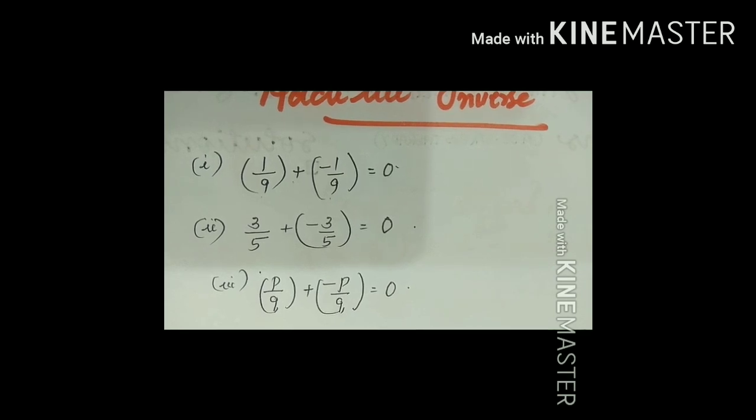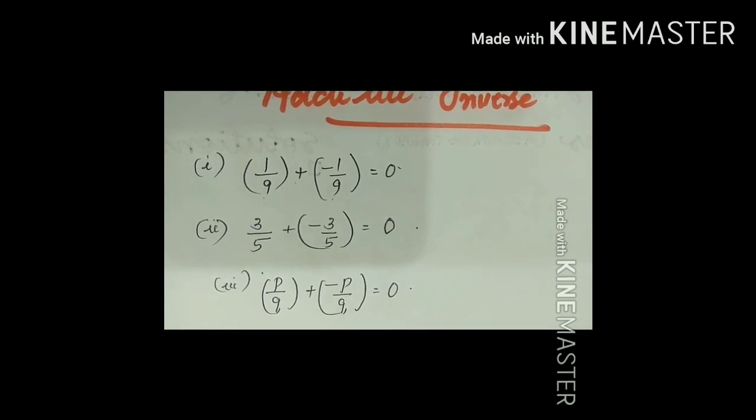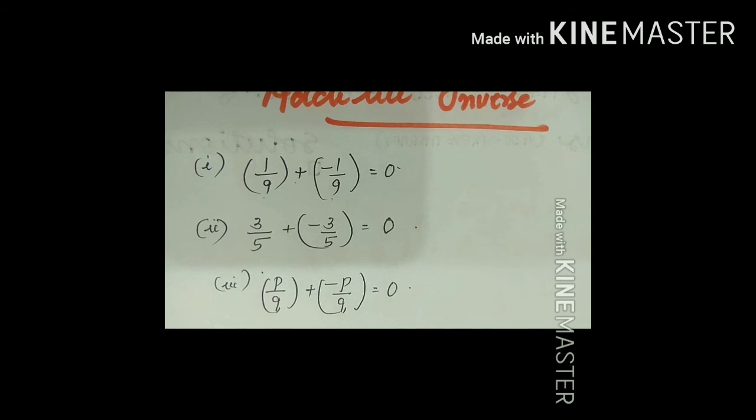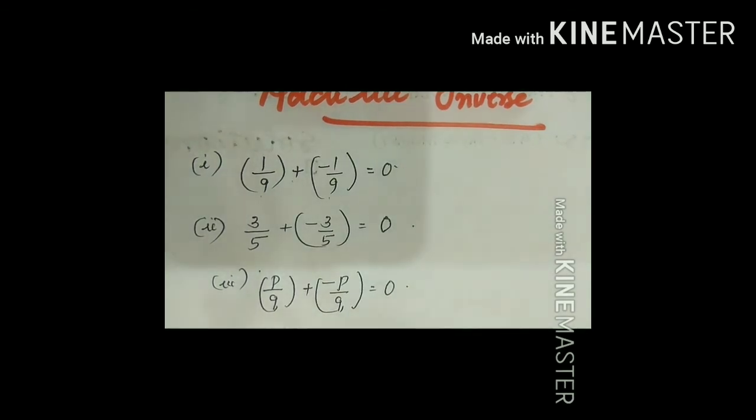Next we have learned additive identity. So 0 is the additive identity. Then finally we have learned additive inverse. That means for every rational number p by q, there will be an additive inverse which is minus p by q, so that p by q plus minus p by q is equal to 0. That's all for today.